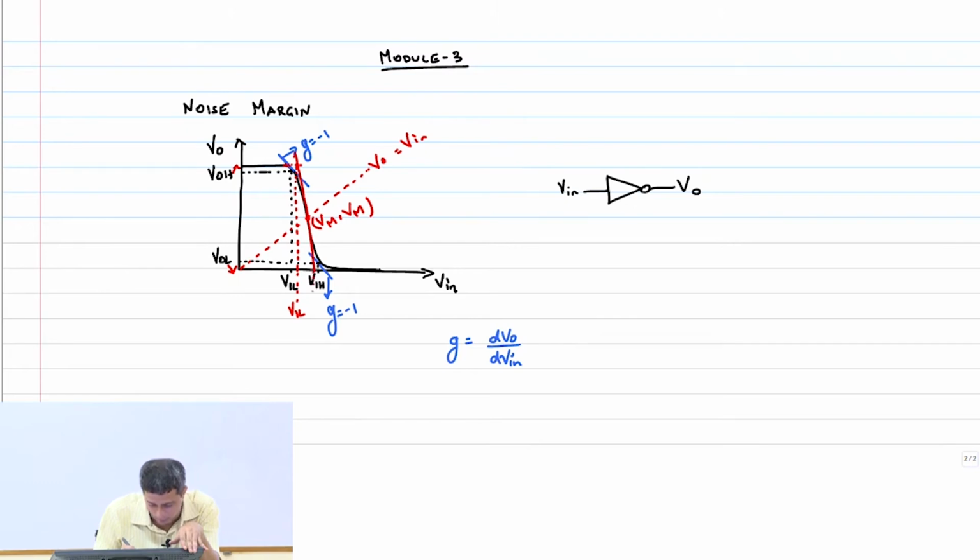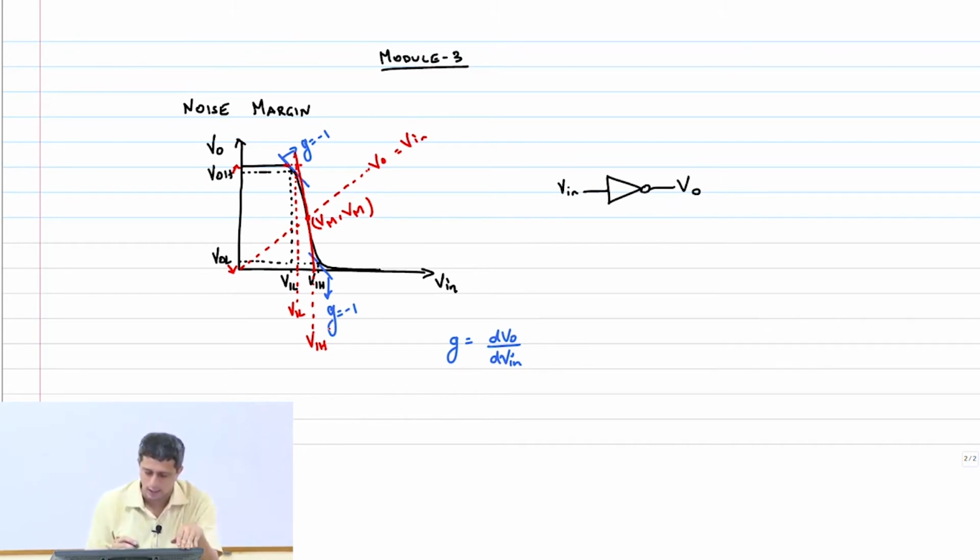Similarly, this particular point we would call VIH. Of course, there will be slight error, but it's a very reasonable error. Within 5% or so we get the answer. This is the basic idea, because the expressions are complex. You can always try to derive it, but it's just going to get very cumbersome.